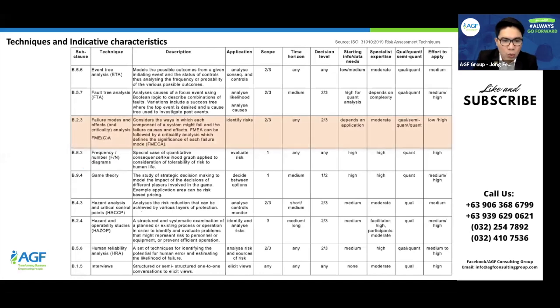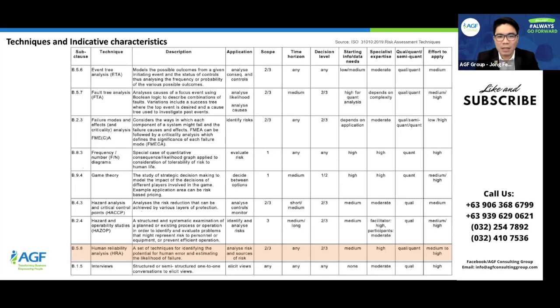Take note of this. There's also HRA, the human reliability analysis. We all know that risk can come from different sources in your organization. It can be process related, it can be enterprise-wide, it can be linked to the reliability of your suppliers or the quality of the components or parts, or how you effectively monitor the quality of the service. The risk can come from anywhere.